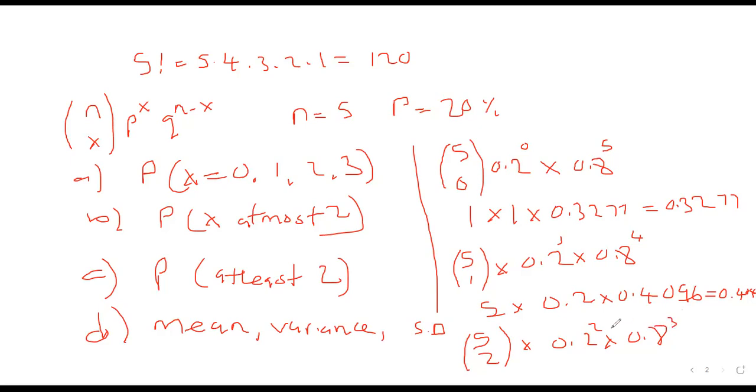What is 5 combination 2? Then 0.2 to the power 2, and 0.8 to the power 3, what do we get? 0.512.